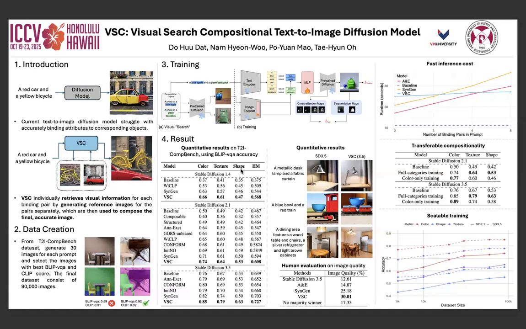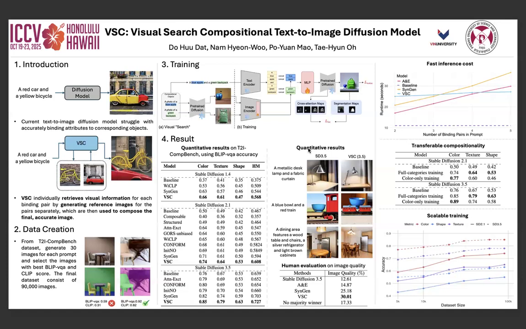For the results, we also use BLIP VQA as a metric, and evaluate VSC across three versions of Stable Diffusion. We outperform all of the prior work, and notably, most of the previous work are inference time methods, which means they optimize at inference.